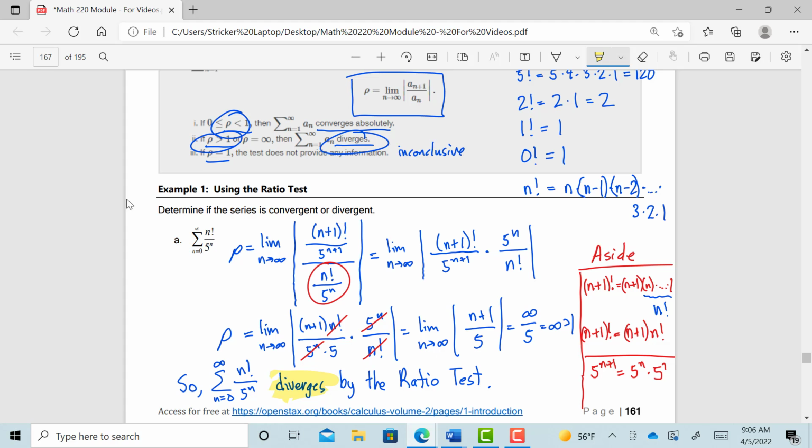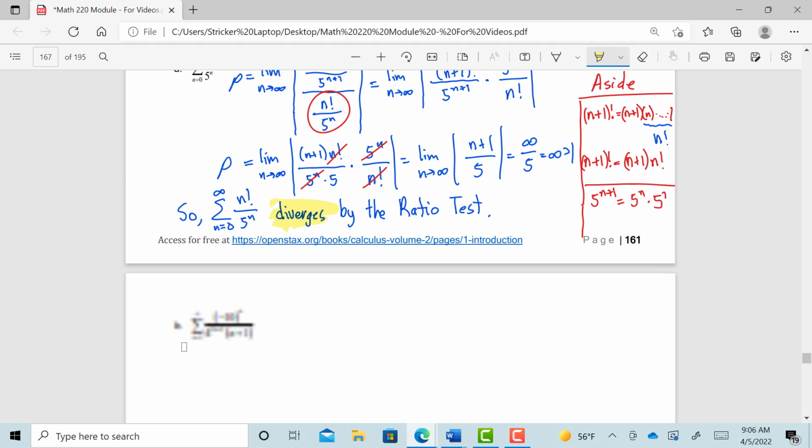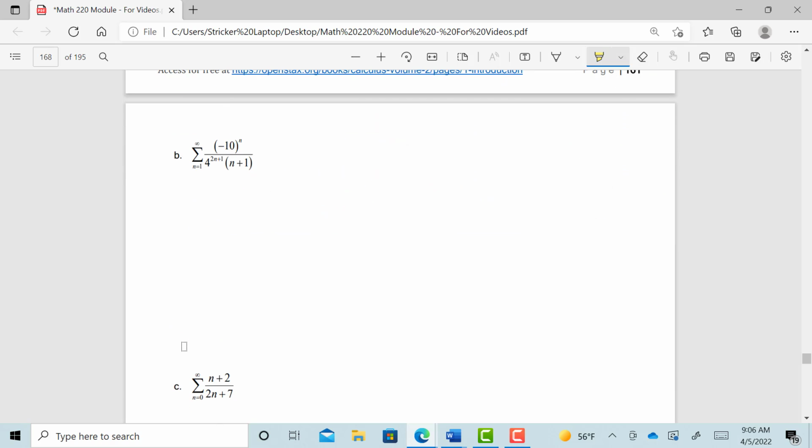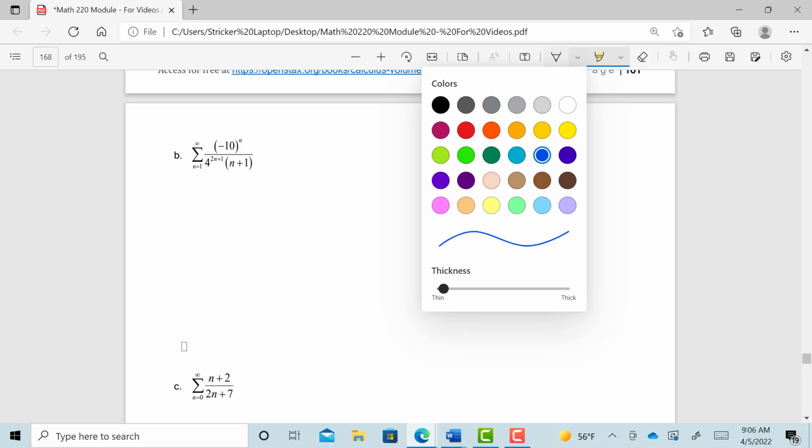We're going to do a couple more examples. So let's go ahead and move to the next page. We have part B of example 1. And so we're going to do the same thing, except I'm going to start this one out by skipping that first step. So we have the absolute value, and we do n plus 1 first.